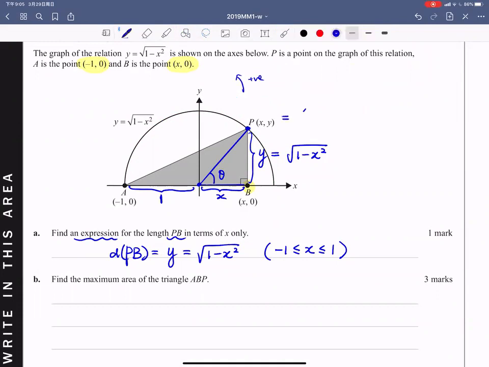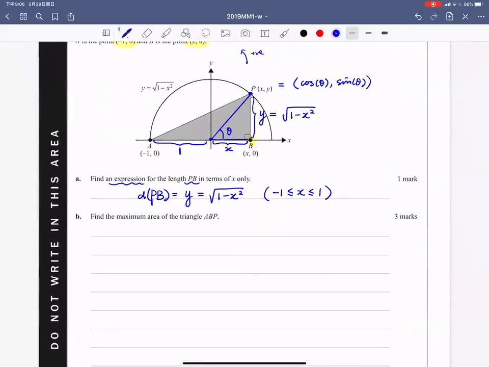This point can be expressed as cosine theta, sine theta. Don't they? So I have two expressions involving an unknown variable theta.